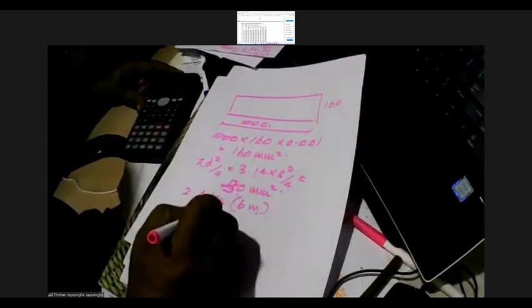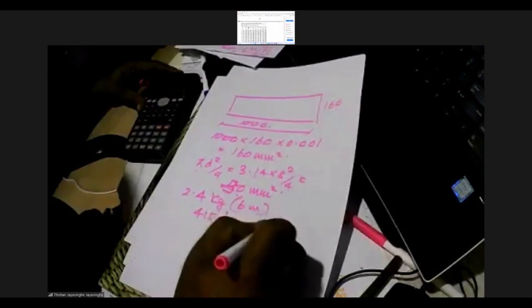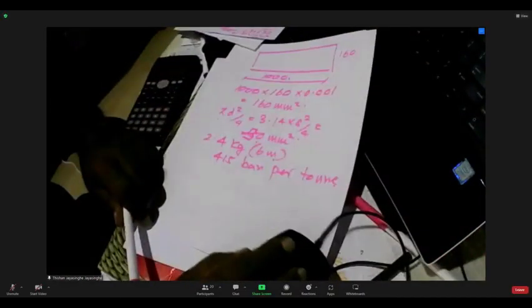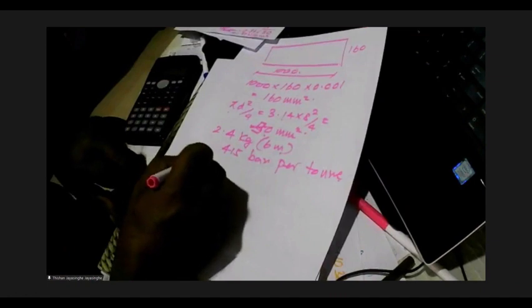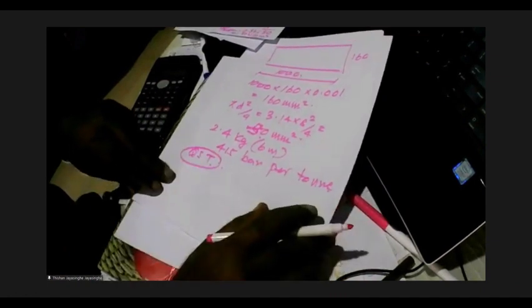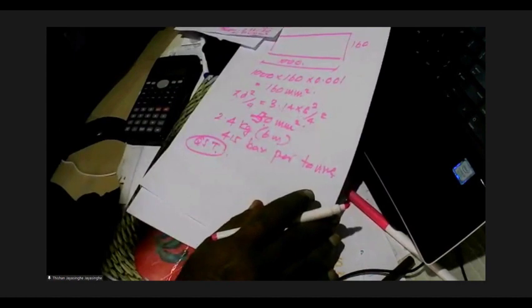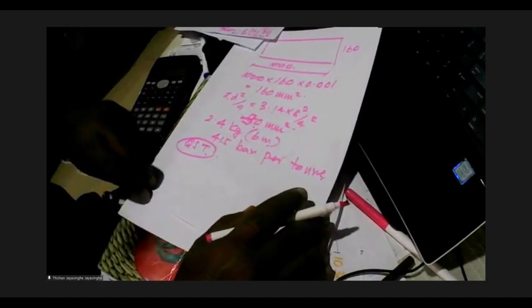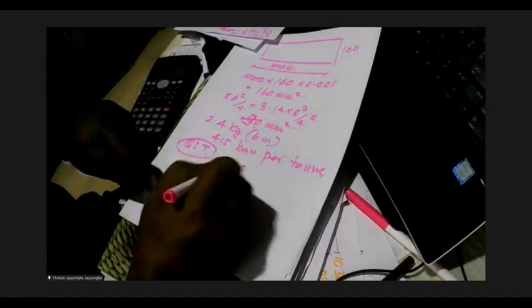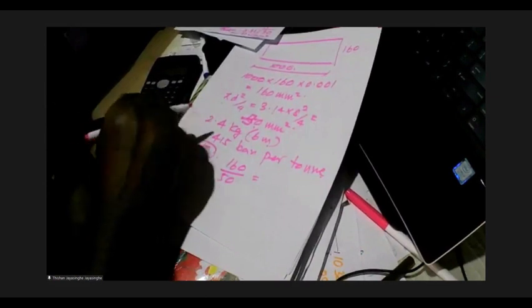You get about 415 bars per ton. So basically, there is a particular advantage of using 8 millimeter QST bars, because you are going to get 415 bars per ton. And 160 divided by 50, or 60 divided by 50, 3.2, 1000 divided by 3.2 is 300.